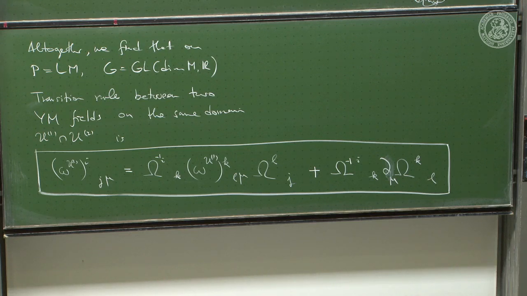And then there is one global connection on the principal bundle that corresponds to that. And so let me write down a final insight from this, which should yield a formula you know.